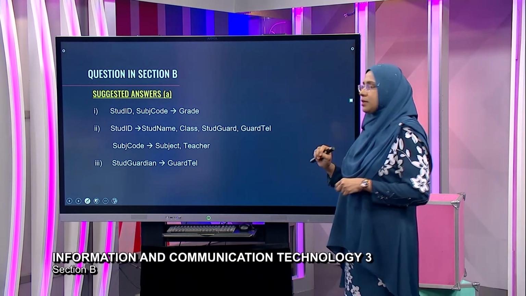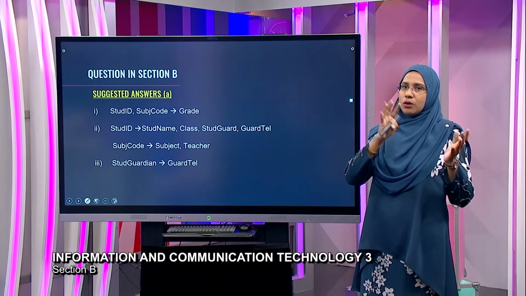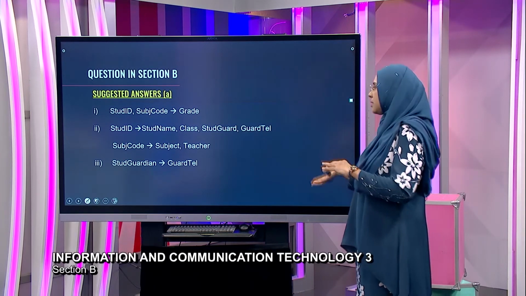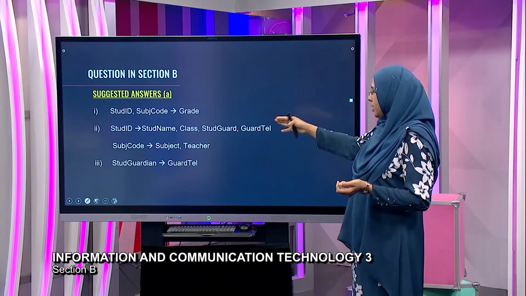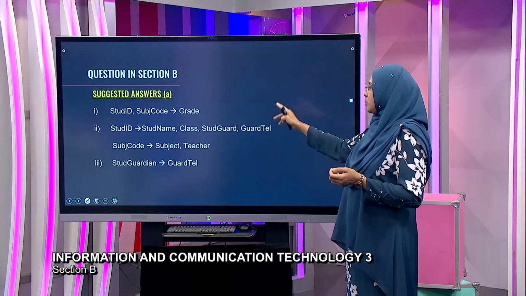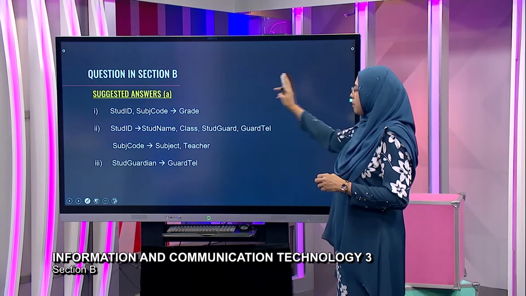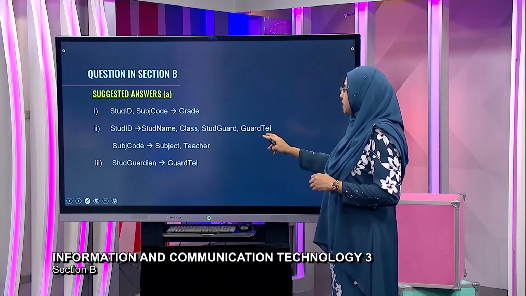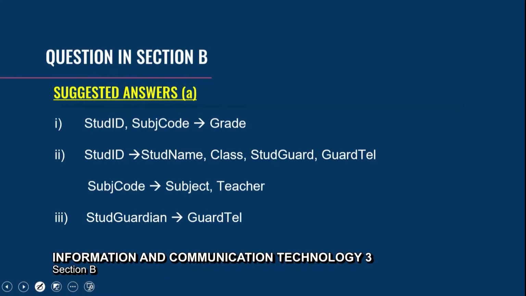For the second one, partial. Partial means half-half. Half depends on the first primary key, another half depends on the other primary key. So we have two. Student name, class, student guard and guard telephone number depend on student ID. Subject and teacher depend on subject code. So this is partial dependency.